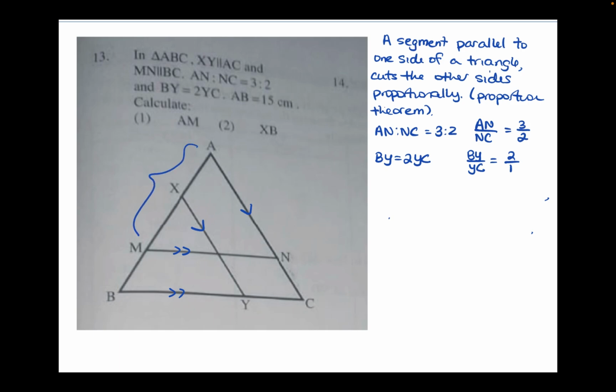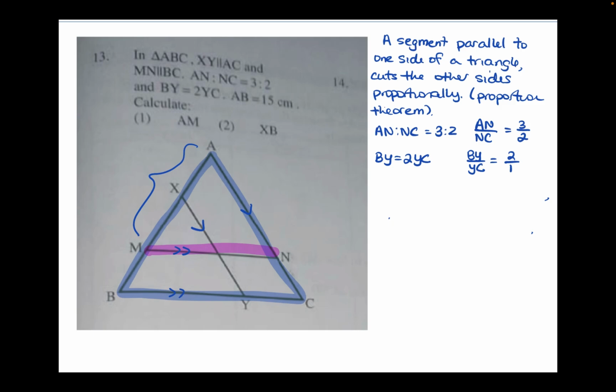So what piece will be helpful here is looking at triangle ABC and the segment MN that is parallel to BC. So we know that the other two sides, AB and AC, will be cut in proportion.